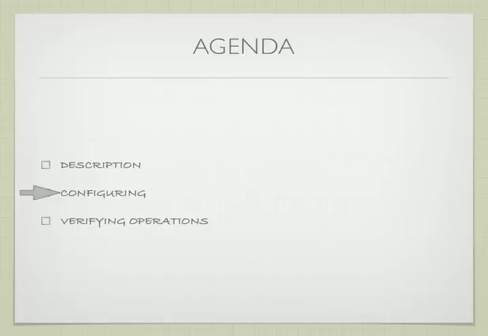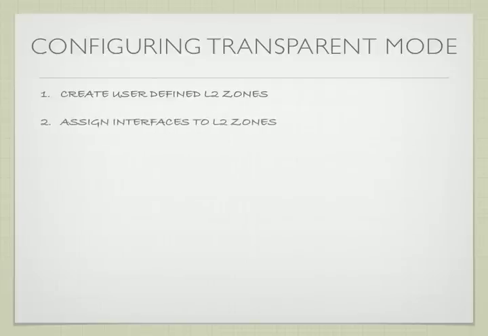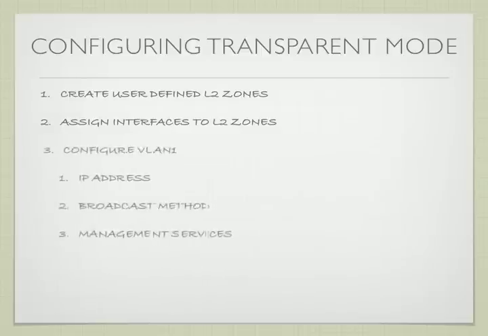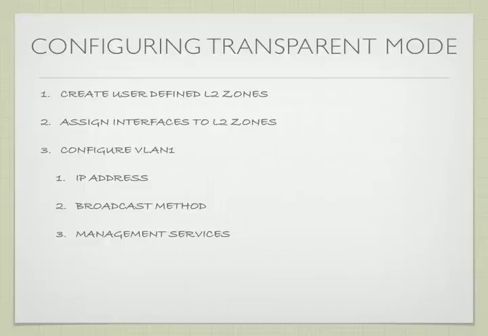Okay, so how do we set up and configure transparent mode on the ScreenOS firewall? There are some steps involved here. First, we're going to create any user-defined zones we need beyond the built-in zones. Then we go ahead and assign interfaces to those zones per the network design. Then we configure our VLAN 1 interface to have an IP address, picking its broadcast method and the management services.